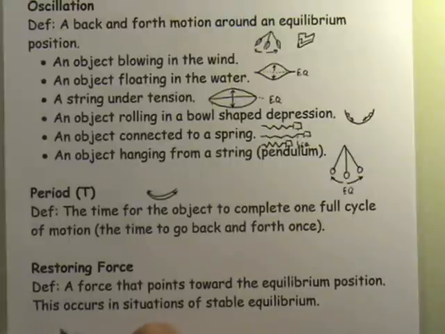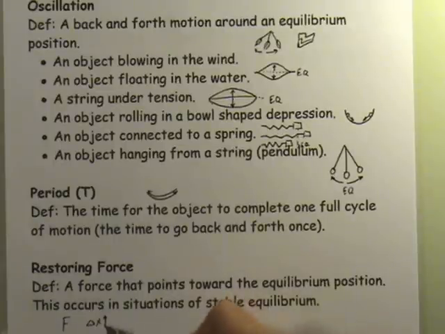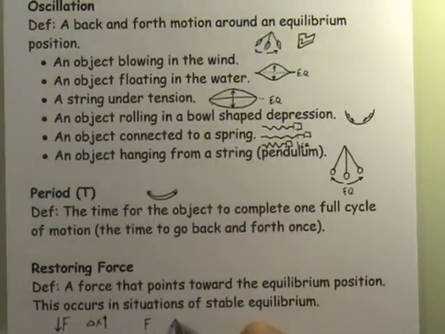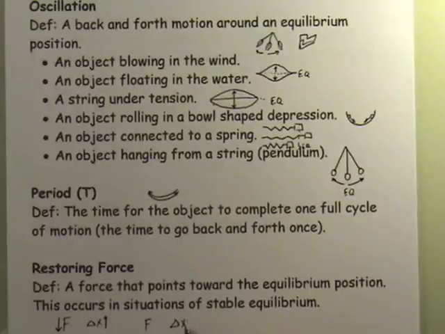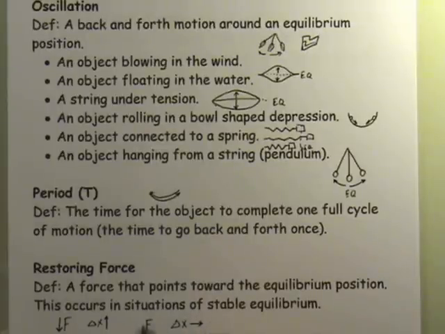For example, if we displace an object, giving it a change in x in the positive direction upward, the restoring force points towards the equilibrium position. So if we pull the oscillator in the upward direction, the restoring force is going to point in the downward direction. If we have an object which is displaced out to the right, the restoring force must be a force which points to the left.